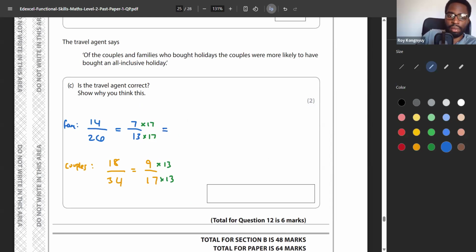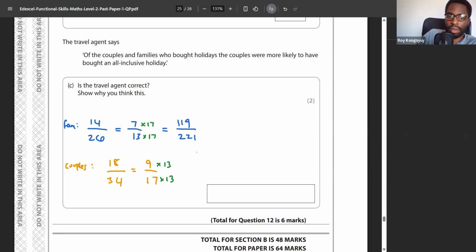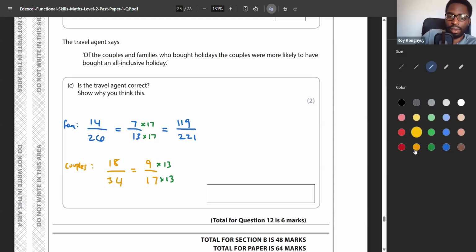So that's going to be 119/221sts versus 117/221sts.